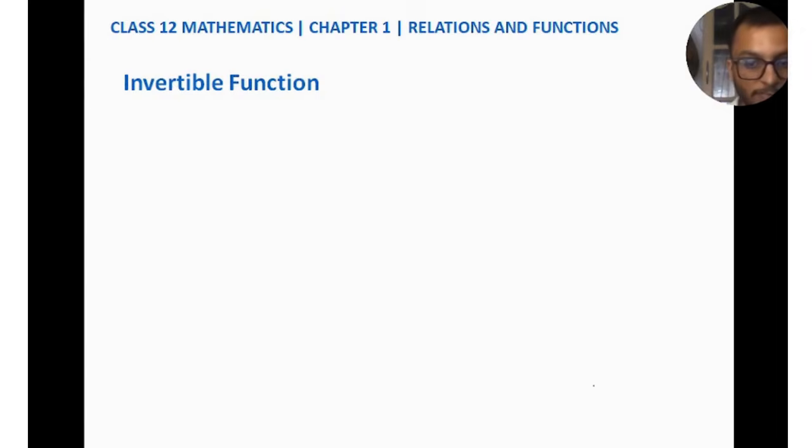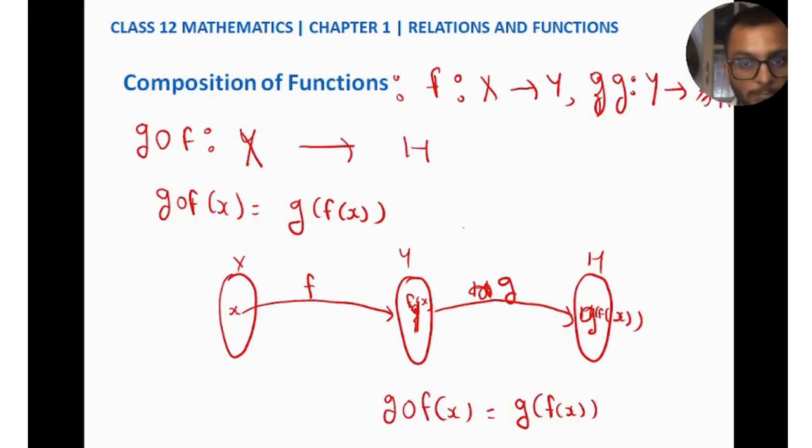Next is the invertible function. Okay, first note that for defining g of f, the codomain of f should be equal to the domain of g.